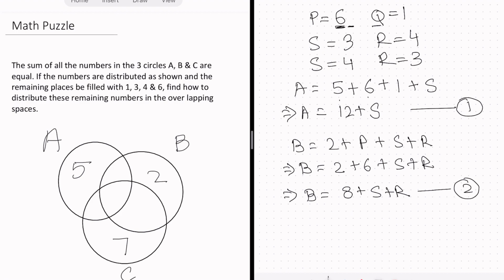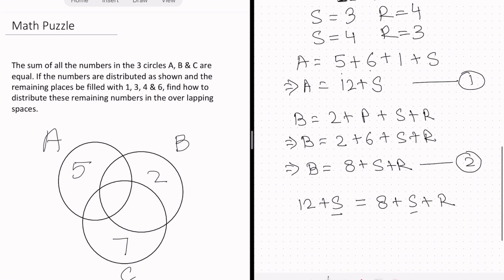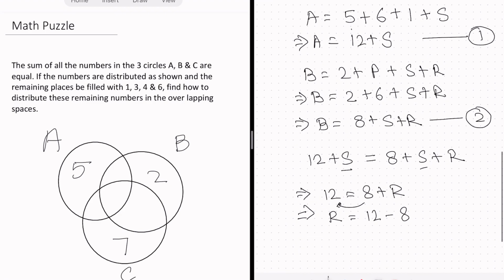So 12 plus S is equal to 8 plus S plus R. Now S will cancel out from both sides, so I'm left with 12 is equal to 8 plus R. If I move 8 onto this side and subtract, I will be left with R equal to 12 minus 8, or R is equal to 4.